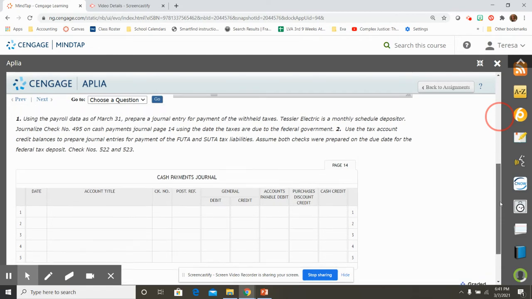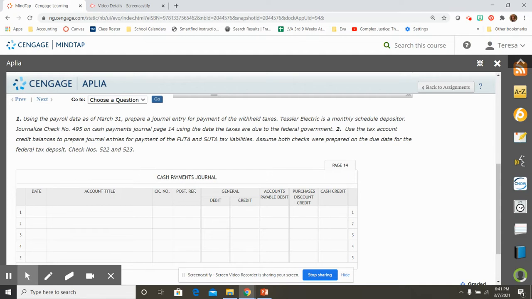Journalize check number 495 on the cash payments journal, page 14, which is right here, and use the date the taxes are due to the federal government. What date is that again? It should be the 15th of the following month.